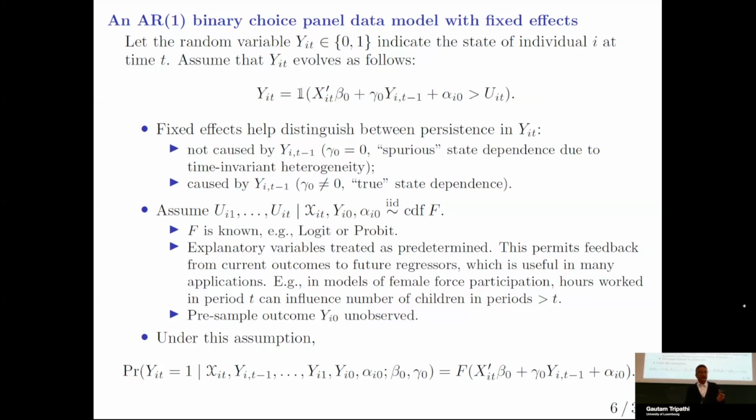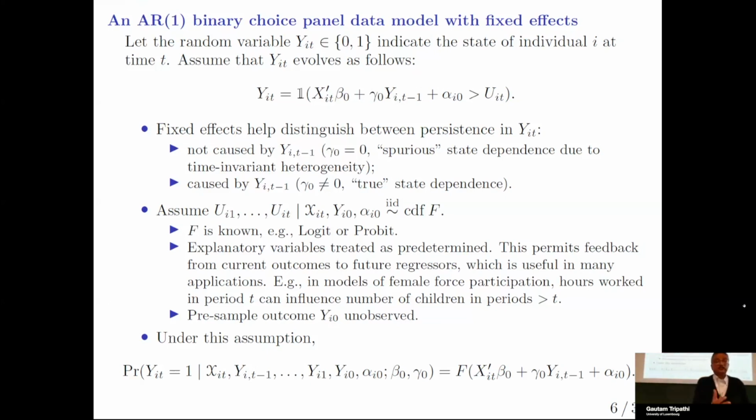So for example, suppose there was no serial correlation in the x's, and there was no serial correlation in the u's, in the model errors. If gamma is equal to 0, so basically there is no lagged dependent regressor, so there is no serial correlation in the x's, there is no serial correlation in the u's, and gamma is 0, the y's are still persistent.